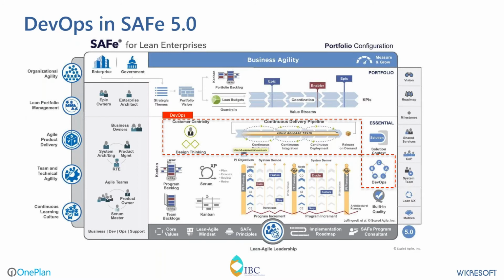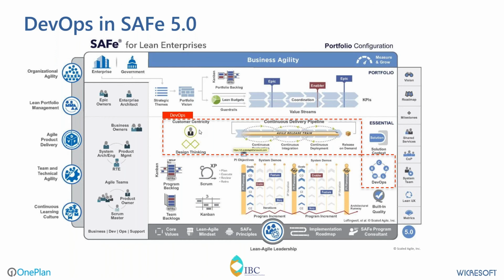In terms of how it's reflected within SAFe 5.0, we just put in here the model, and this is the portfolio configuration of Scaled Agile. We've highlighted the levels within portfolio where it's addressed. So we have customer centricity, which has to do with understanding what the need of the customer is and defining customer journeys.